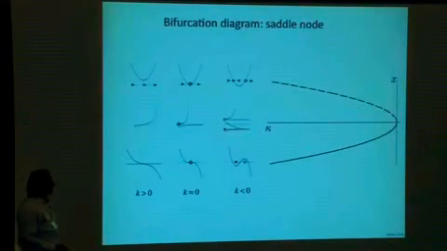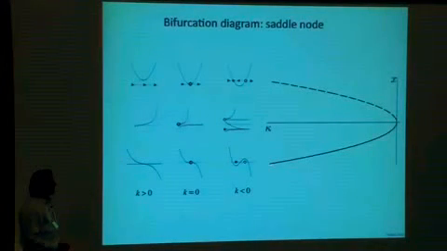Control parameter k. For negative values, we know there is a stable and an unstable fixed point. The value of the fixed point I plot on the vertical axis. The solid branch captures the behavior of the stable fixed point, and the dashed branch the behavior of the unstable fixed point.